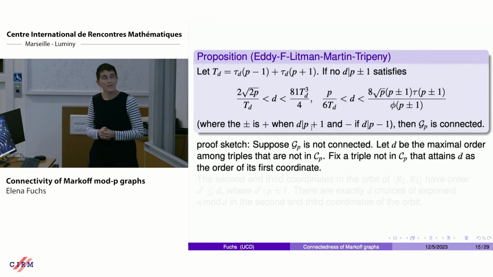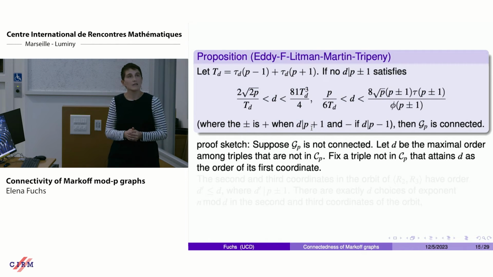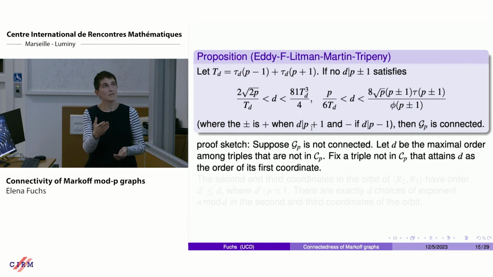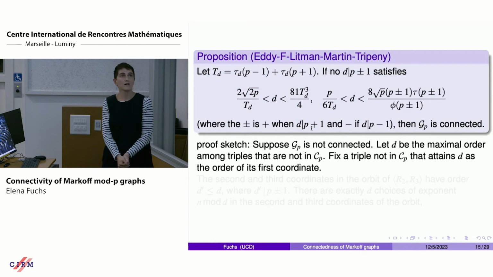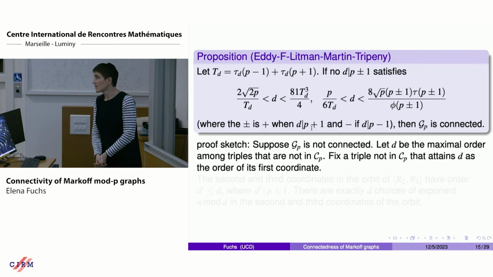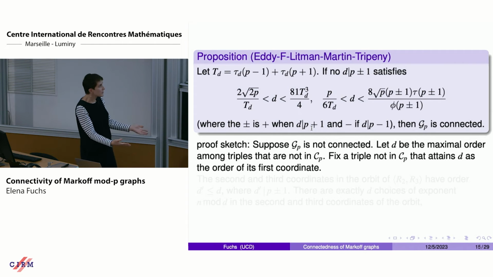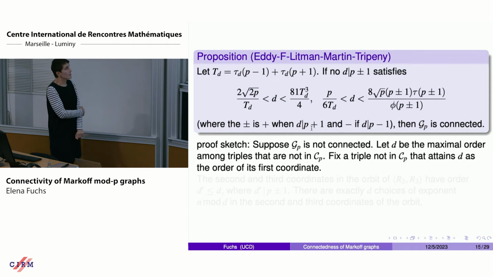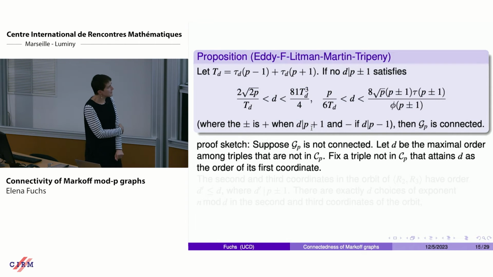So here's the idea. Suppose your graph is not connected. Then among all those things that are not in this big connected component, take a triple of largest possible order among all those triples. So there's going to be such a thing. Let's say D is the maximal order among triples that are not in this big connected component. And take a triple of that order, and we'll just assume that that order is attained in the first coordinate.